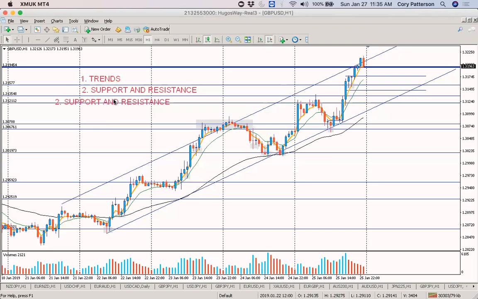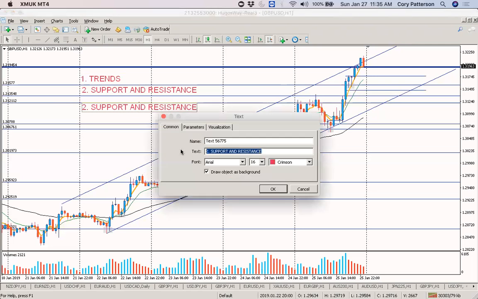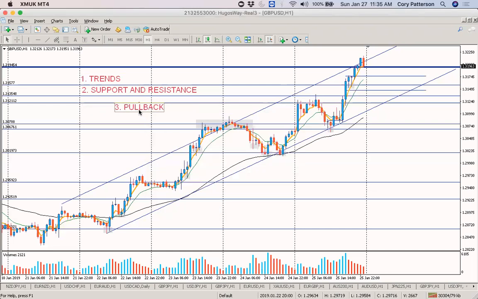The next thing you've got to learn is what a pullback is. A pullback is, I'll show you that. A pullback is what these areas that I was mentioning as swing points are.